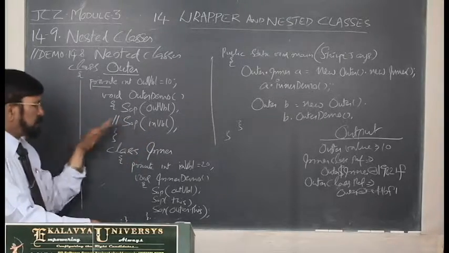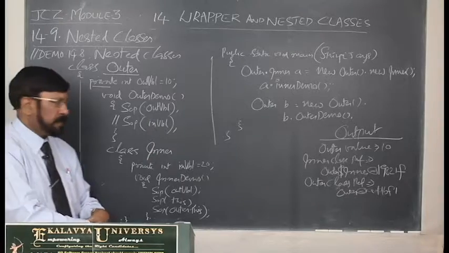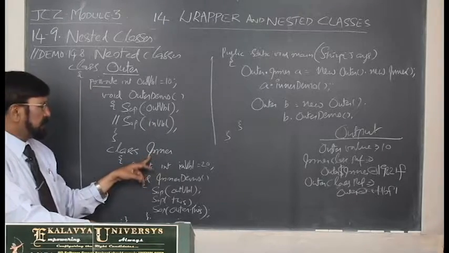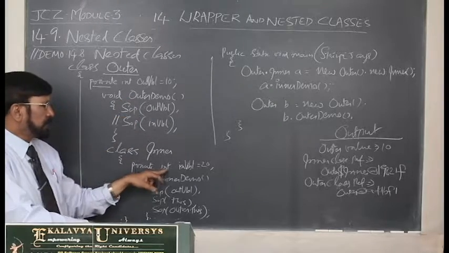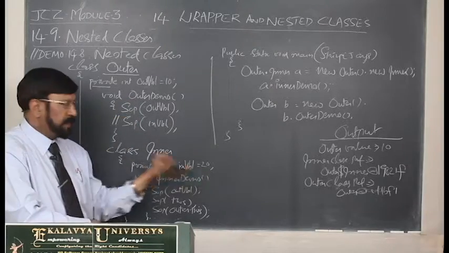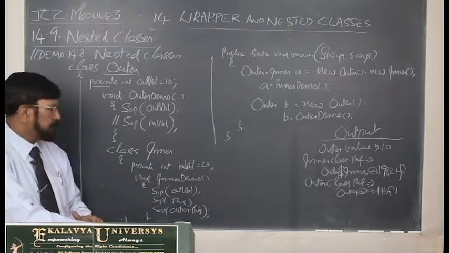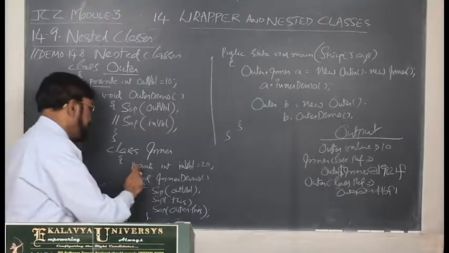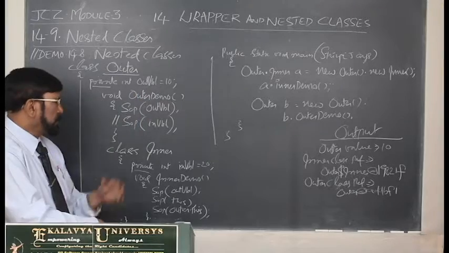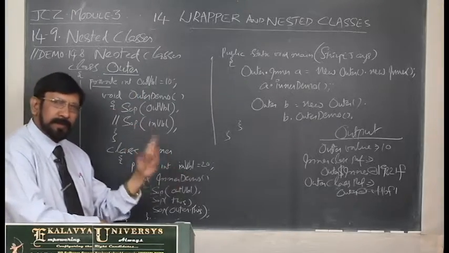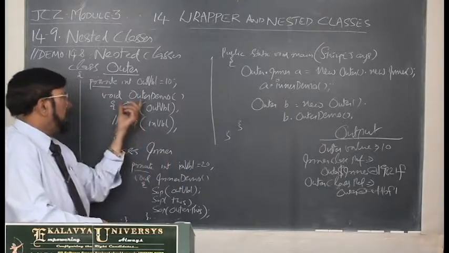Just understand the purpose of that. Thereafter one inner class I have defined, its name is Inner. In that again I have defined an innerVariable initialized with 20, that is also private. So, the outer class has one private variable and the inner class has another private variable.